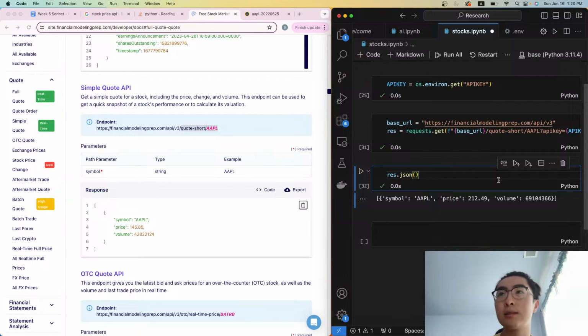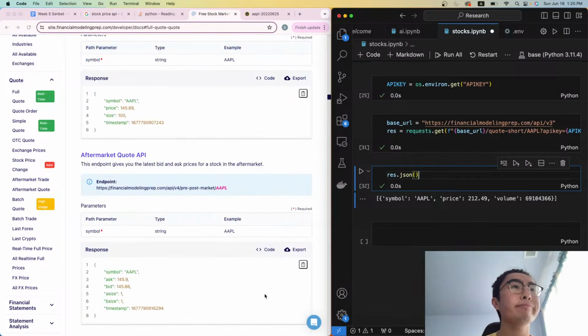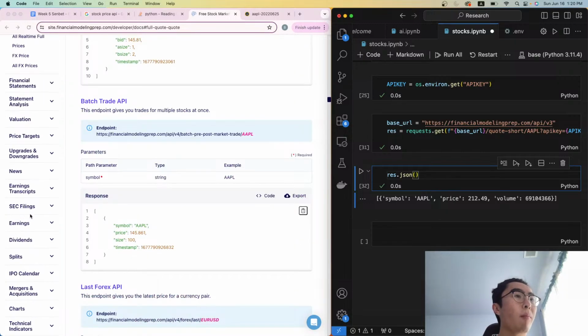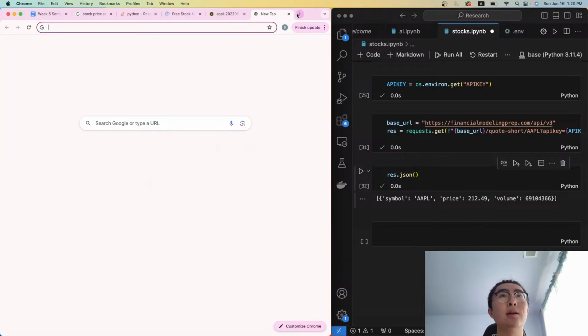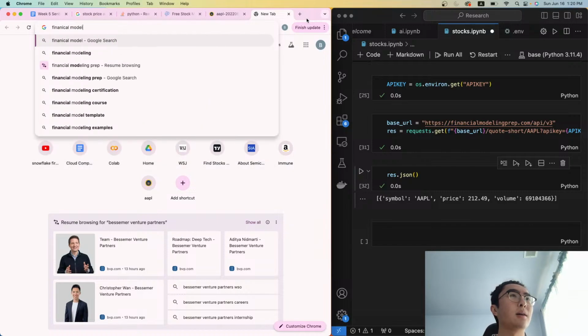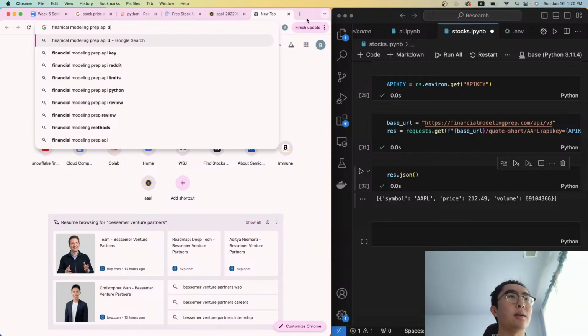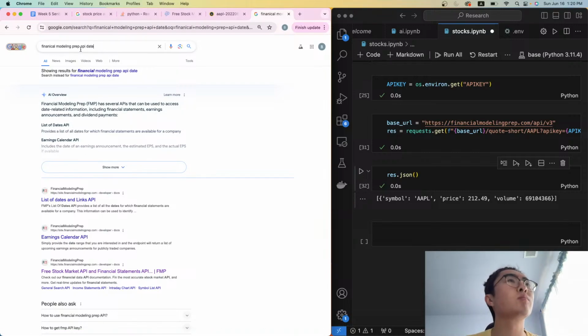Okay. So I wonder if there's a way we could get the dates. So, Financial Modeling Prep API dates. API query date.